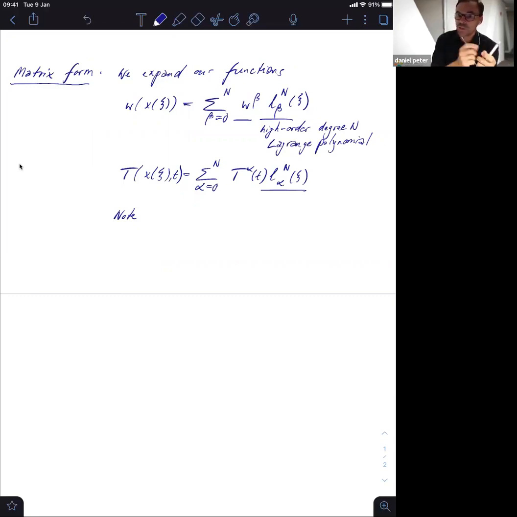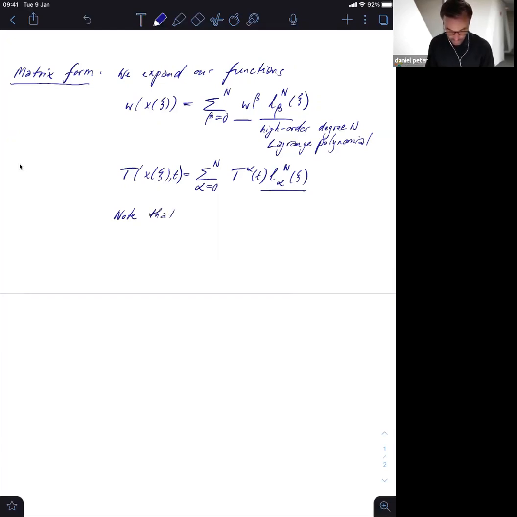But yes, the polynomials will be very specific, using basically the GLL points as roots. So in this case, they go together. Yes. And they will be the same for both test function and the temperature field in this case.